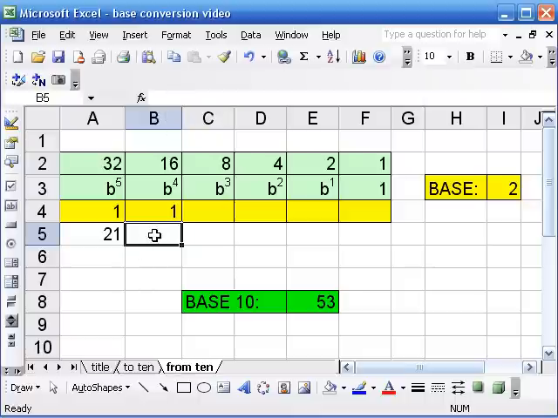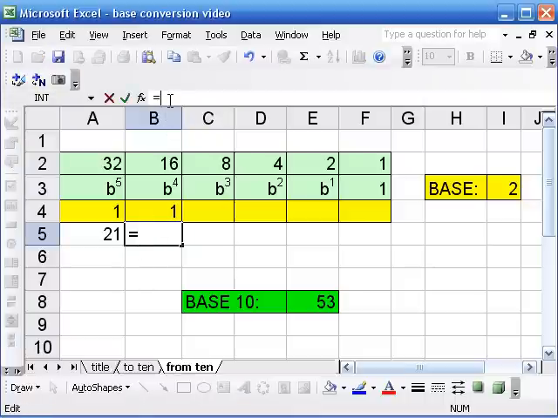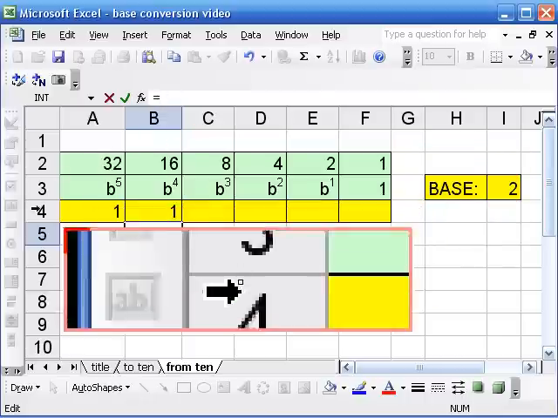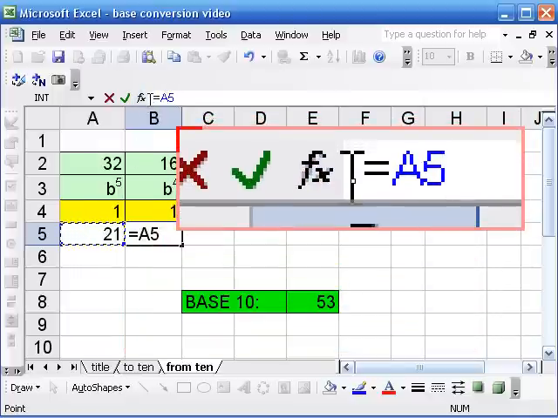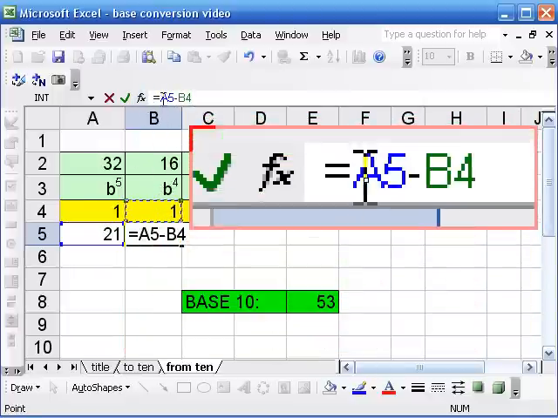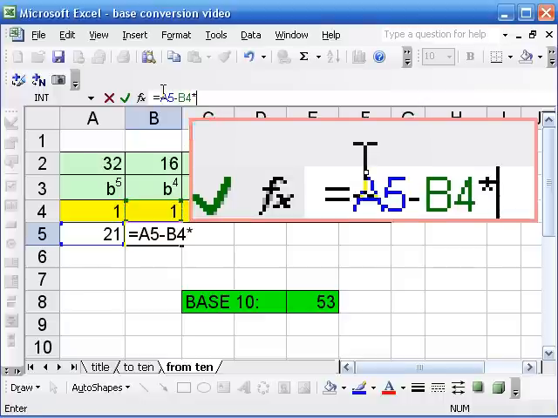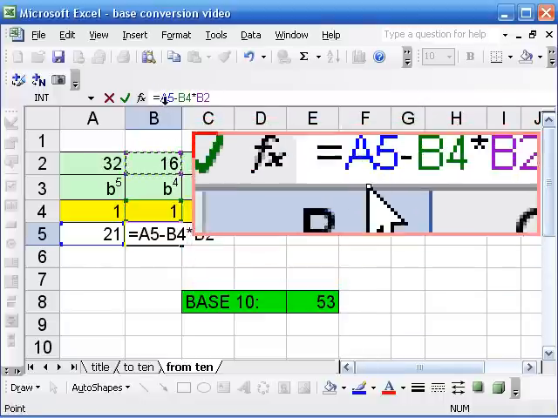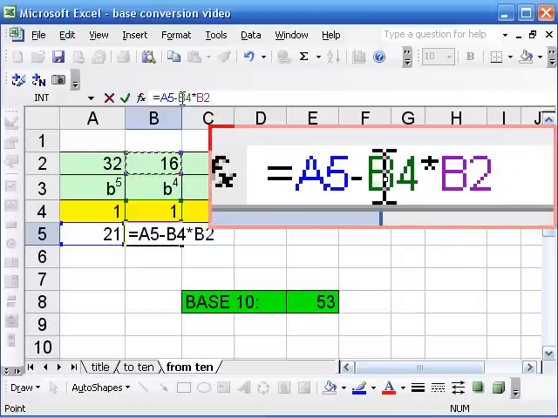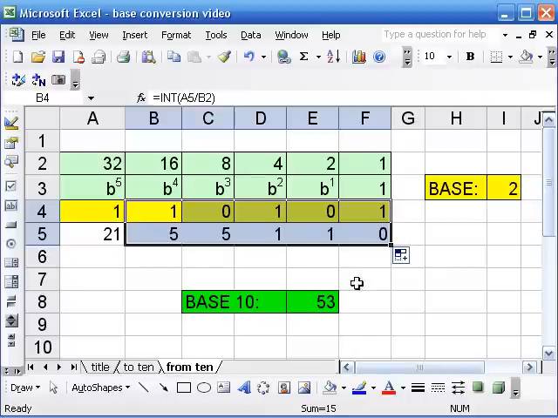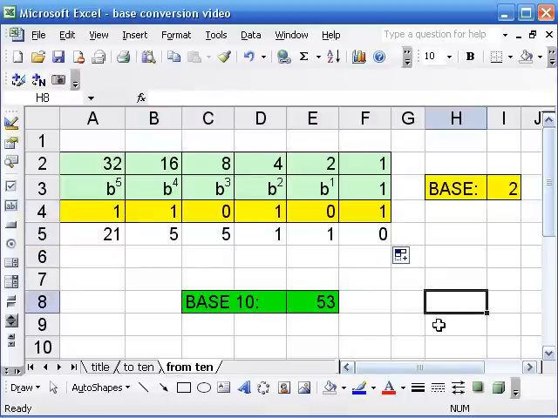And then over here, we want the place to the left minus our new digit times the place, how much we just took away, what we have remaining. Okay, and then we can drag these formulas. And there we get exactly what we did by hand.